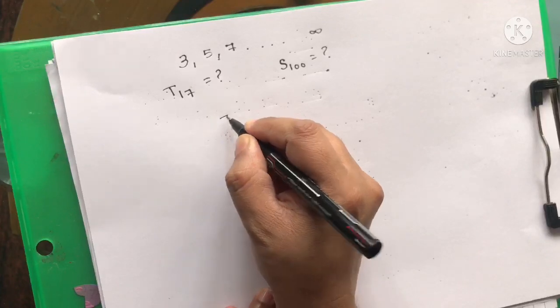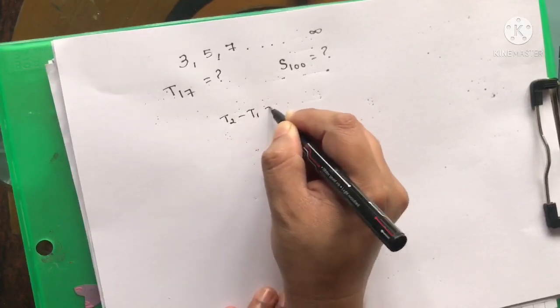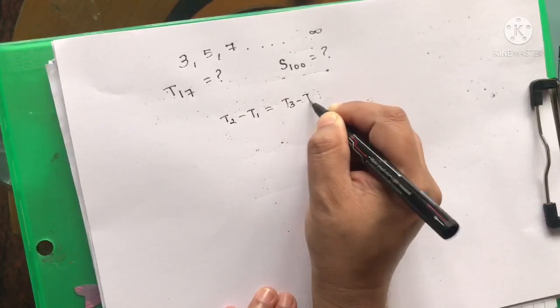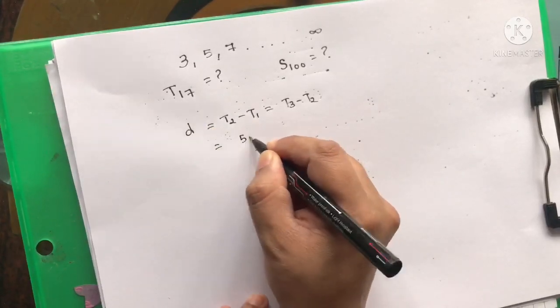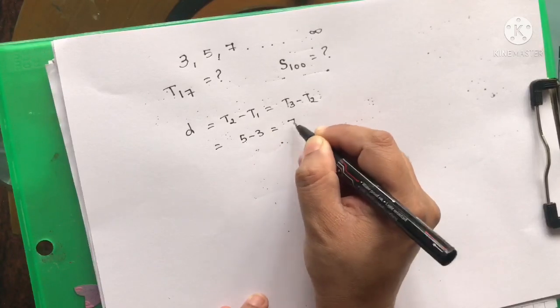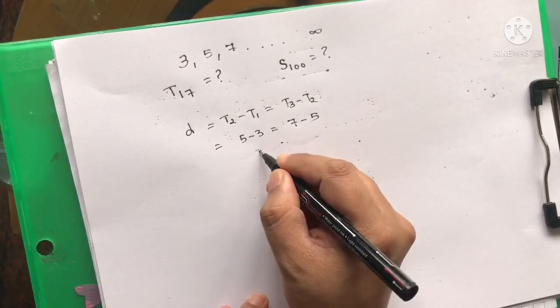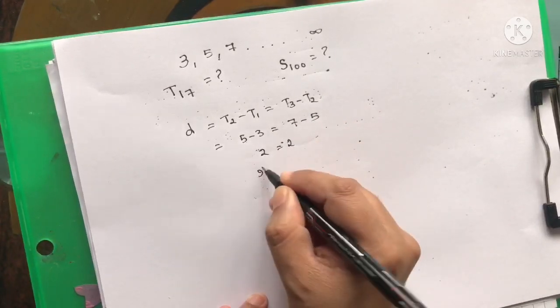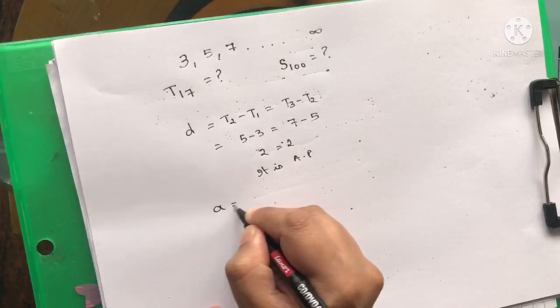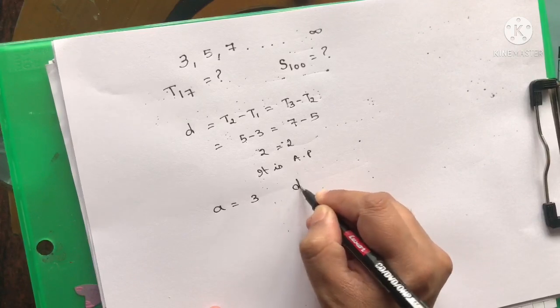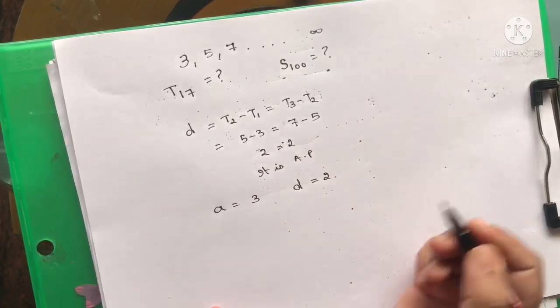How do you check? T2 minus T1 should be equal to T3 minus T2, which is your D. Therefore, it will be 5 minus 3 equals 7 minus 5. You got 2, so it is AP. So now you have your A is 3 and your common difference is 2.